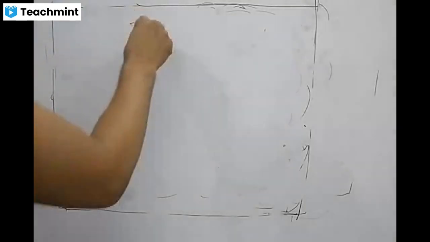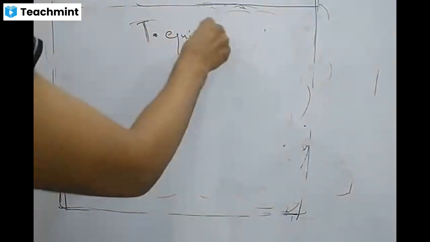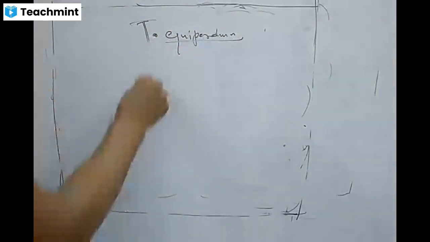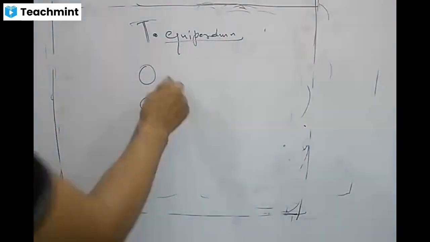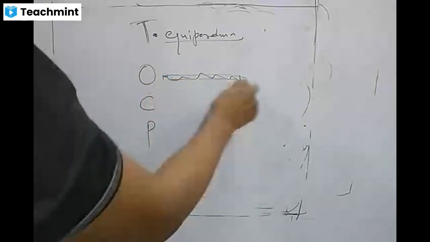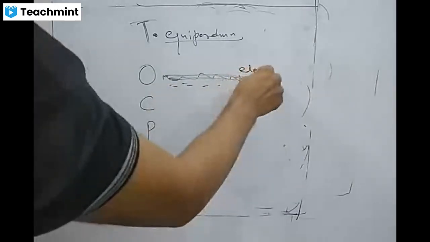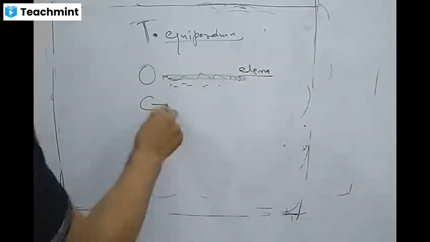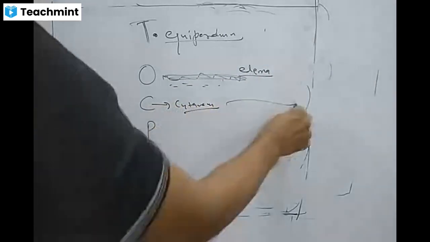These are in case of Trypanosoma equiperdum. There is one trick to remember. Three stages in this. First, the things will be seen as edema. Second is the cutaneous form, your skin.